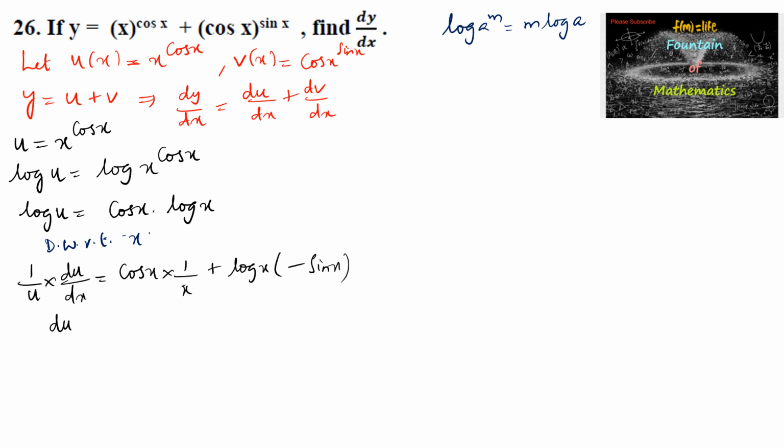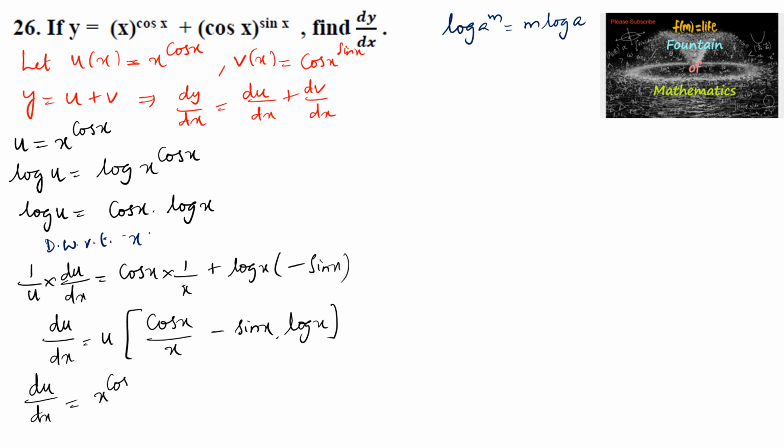So we can write du by dx is equal to u times of cos x upon x minus sin x into log x. That is, du by dx is equal to x to the power of cos x times cos x upon x minus sin x into log x. Consider this is 1.